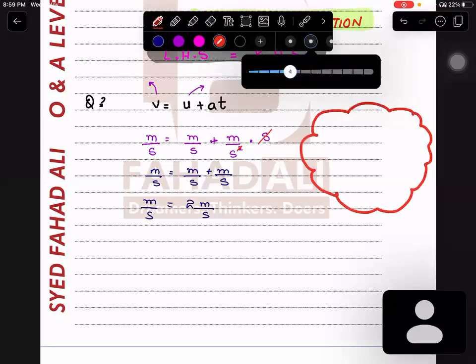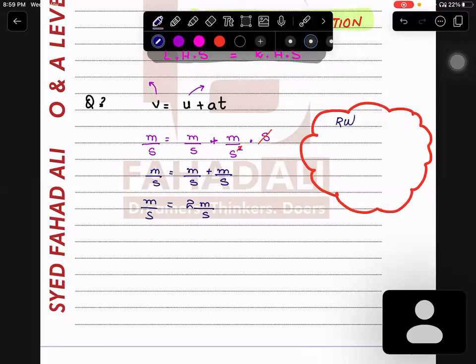The rule says ignore numbers and ignore constants. So 2 being a number will be cancelled. Your equation is correct. Aiza and Musaf, is this clear? Yes sir, it's clear.